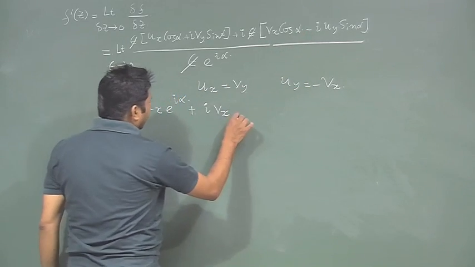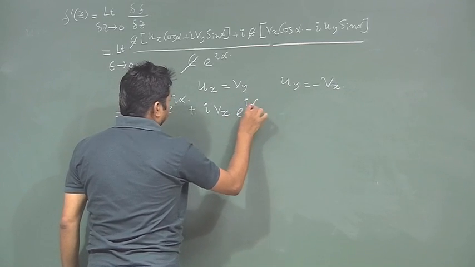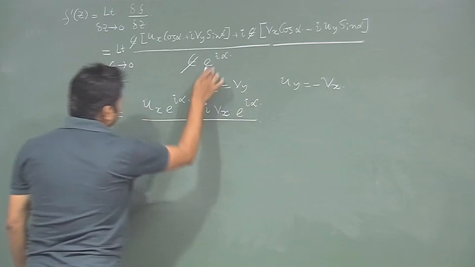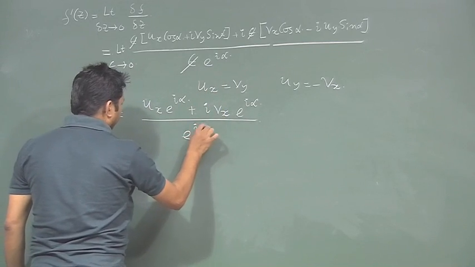So eventually I will have e to the power of i alpha, divided by the quantity that is already there, e to the power of i alpha.